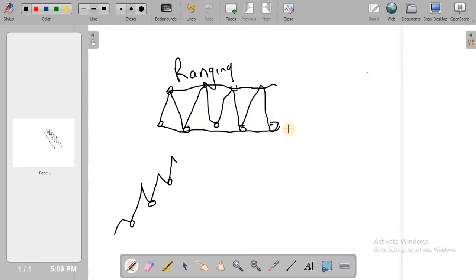Remember that in ranging market, there is another one we consider, when the market is consolidating, whereby the market is not clear, you just keep moving within, you see the candles forming small. This kind of thing, it is always advisable to avoid it. Don't trade the market whenever it starts moving like this.